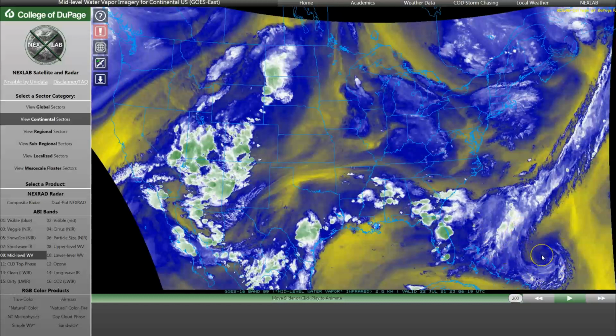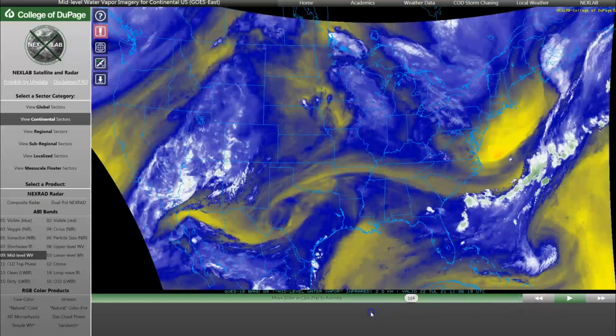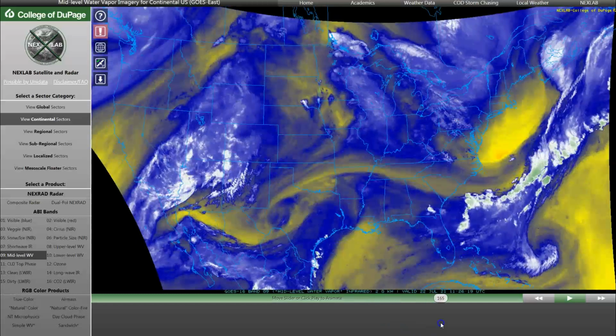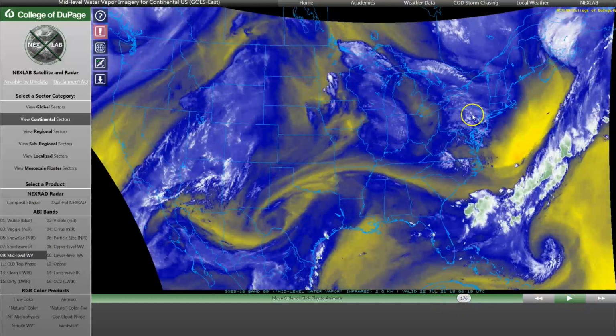This here looks like a disturbance, and if we move back in time, we can see this. Now, notice also a retrograding upper level low in the mid-level water vapor channel across Texas today. And notice on the northwest flow, some of these disturbances coming in with a little bit of haze and higher humidity, coming in on the mid-level flow out of the northwest.